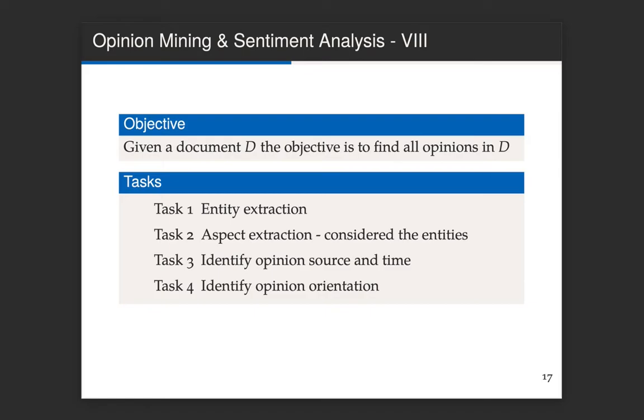The time and the opinion source are sometimes easy to find, because they're already there. And finally, for each one of the opinions, you need to know the opinion orientation. So you need to identify whether the opinion is positive, negative, or neutral, or any other category that you want to assign.